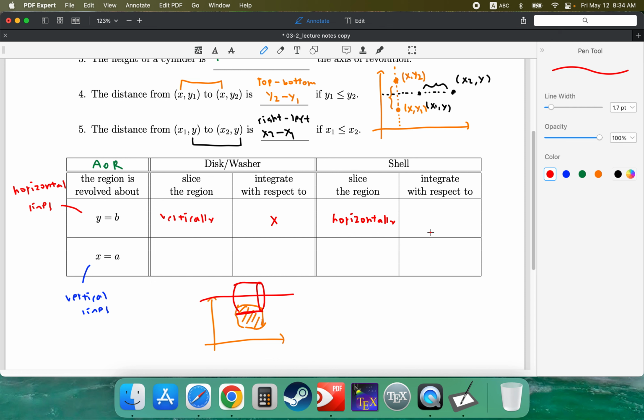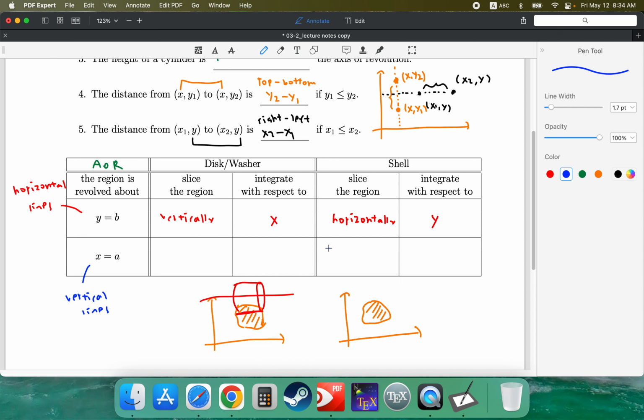If we slice the region horizontally, then we will stack these slices vertically. That means we need to integrate with respect to y.